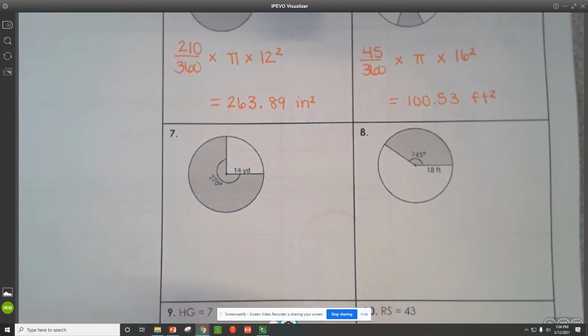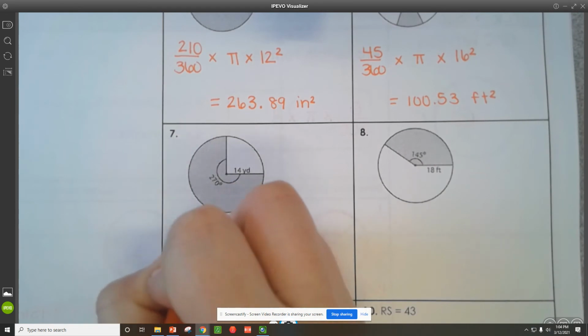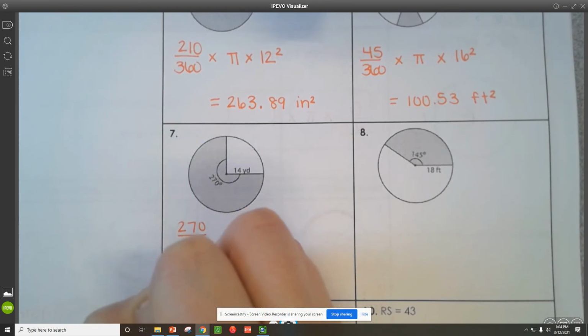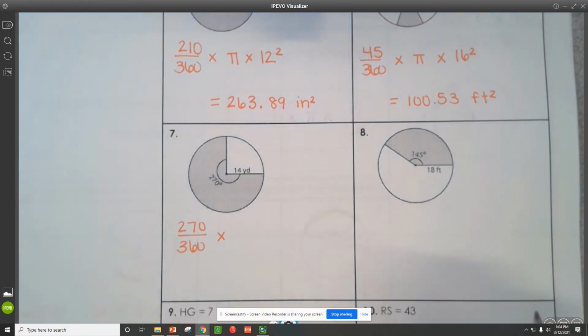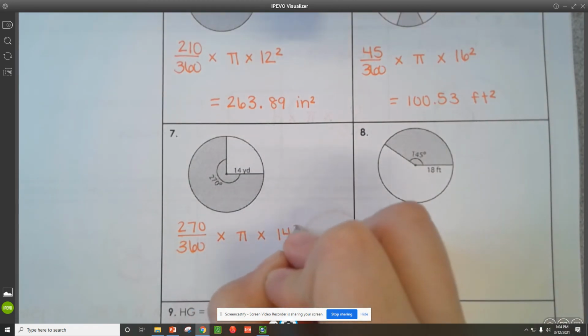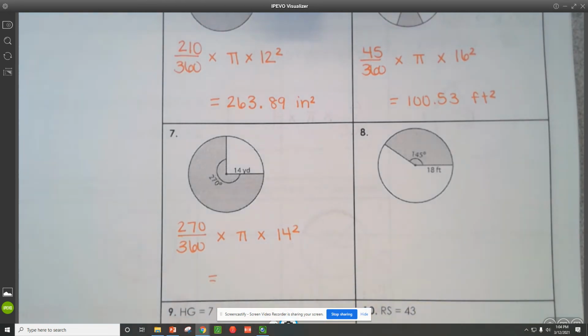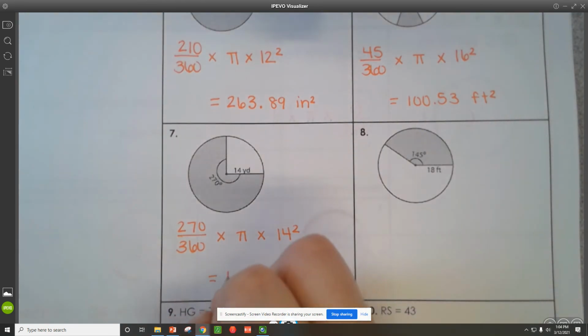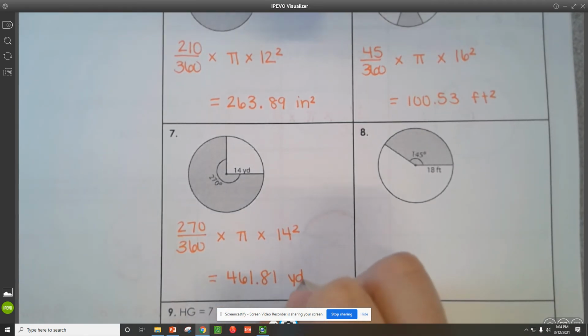Number 7, 270 over 360 times pi times r squared, and we get 461.81 yards squared.